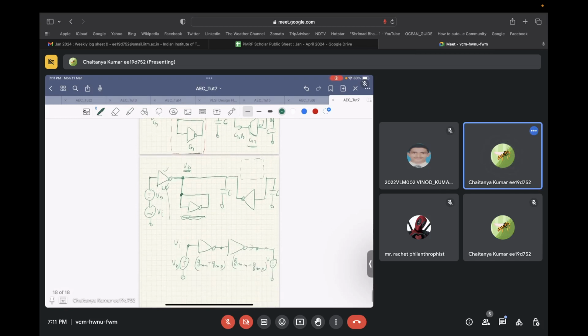And this output is biased at VB. So both of these things are taken care of. Now, the only thing that needs to be done is, first of all, you need a finite gain from here to here. Ideally, you want a gain of unity, and you also need to bias this particular node at the biasing voltage of VB. Correct?